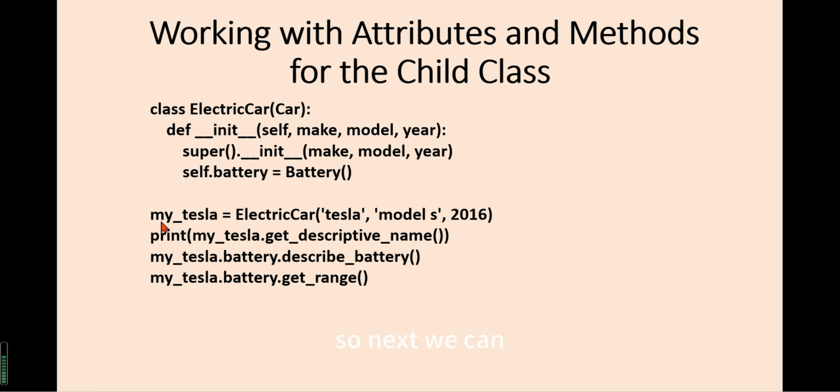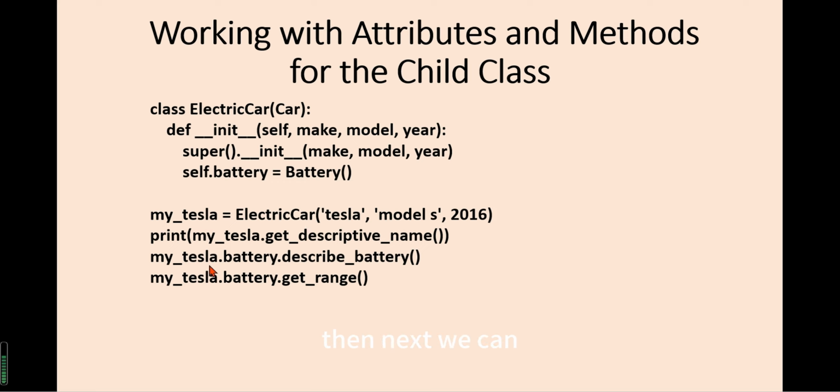Next we can create an electric car called my Tesla with the make, model, and year information. Then we can print its name. Actually, this method comes from the car class.